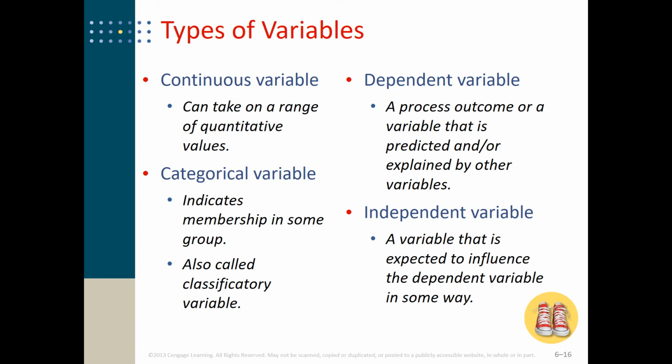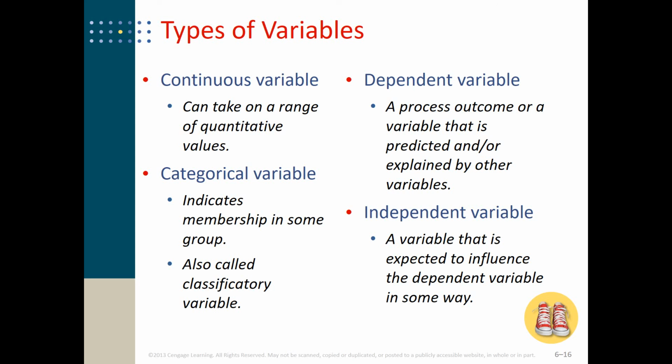Income level, rainfall, or age of a customer are examples of continuous variables. Whereas a categorical variable takes only a few values. For example, gender, marital status, whether satisfied or unsatisfied. These are examples of categorical variables.